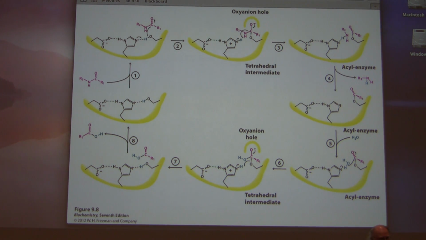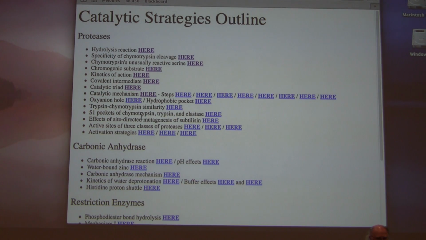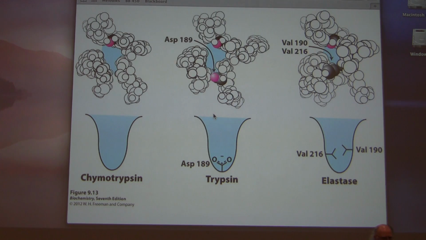And that is something called the S1 pocket. Okay? What is the S1 pocket? The S1 pocket is another part of the active site. It doesn't catalyze, but what it does is it recognizes the proper substrate. It recognizes and binds to the proper substrate.